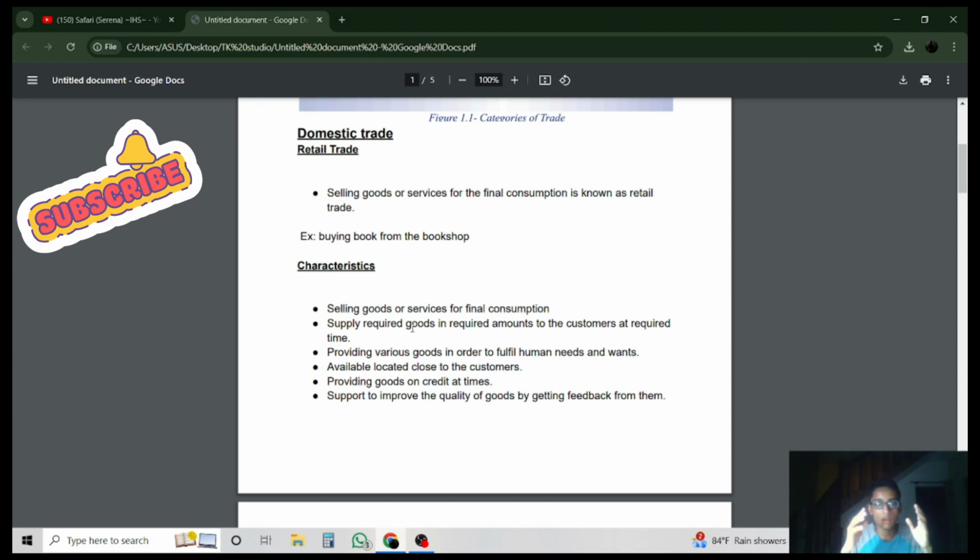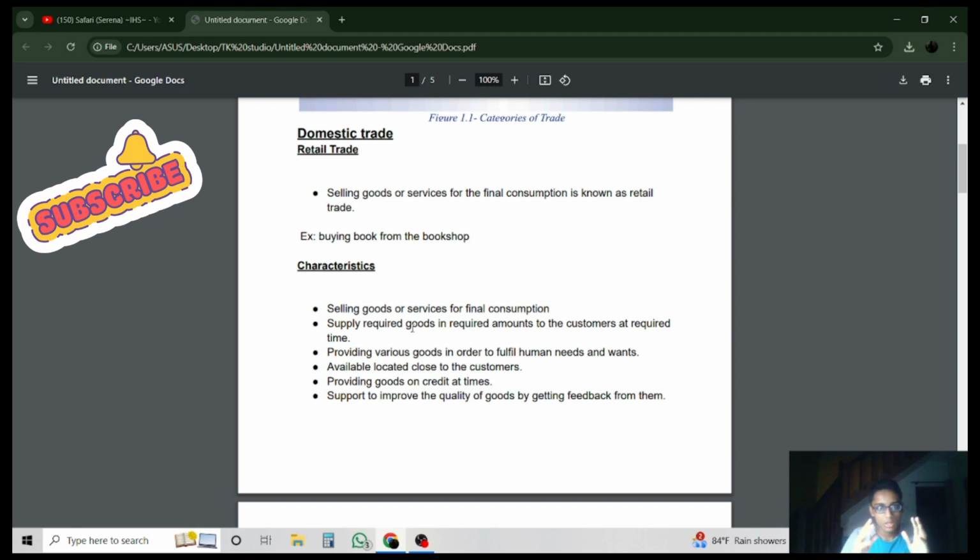Then we have another point, providing goods on credit at times. That means not only can we pay by cash, we can also pay them by credit, right? Then the other point, support to improve the quality of goods by getting feedback from them. So it's obvious, you can understand, right?